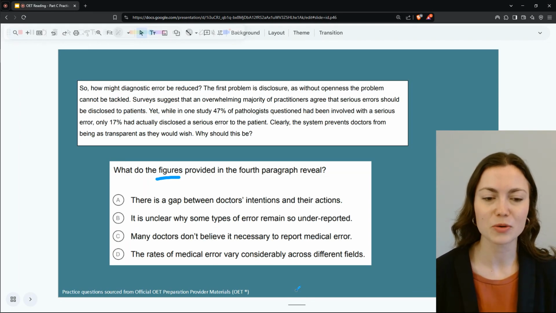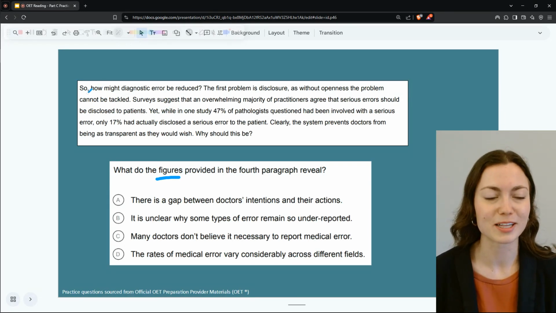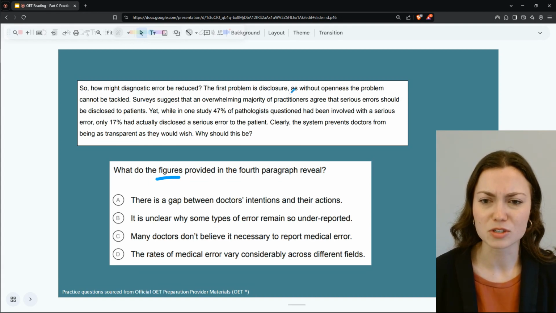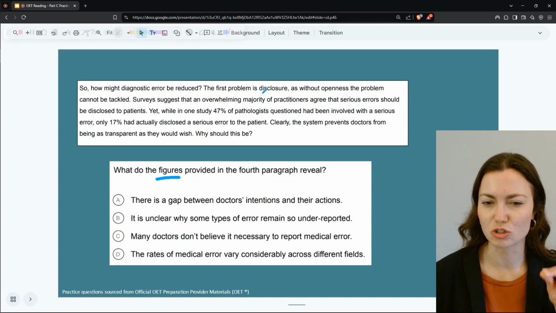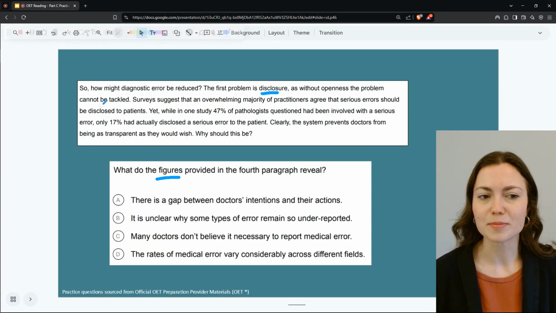All right, so even though the question here is on the figures, it's still good to read the whole paragraph. So let's take a look here. How might diagnostic error be reduced? The first problem is disclosure. Often the first couple of sentences can give us a clue as to what they're trying to get at with the specific examples: without openness, the problem cannot be tackled.